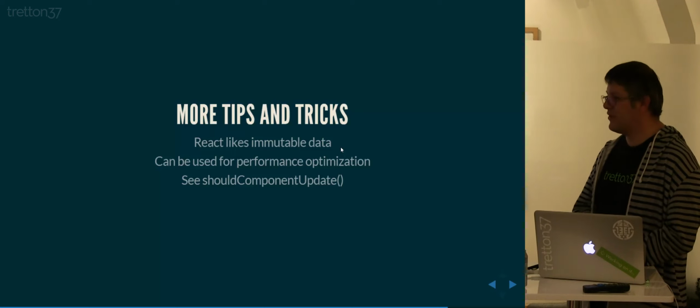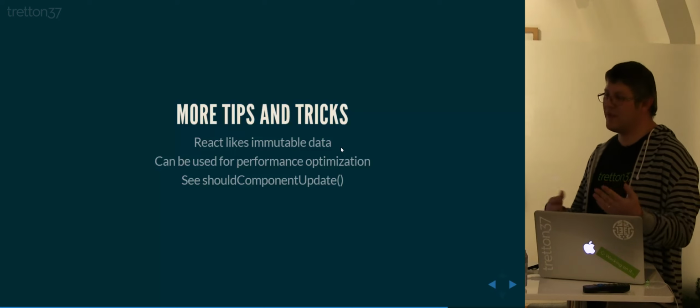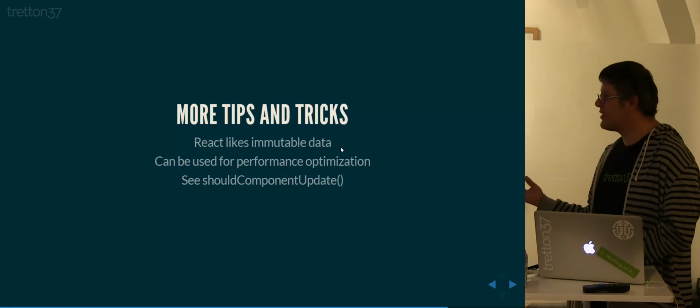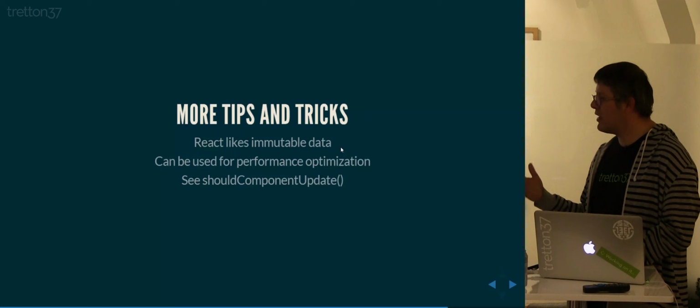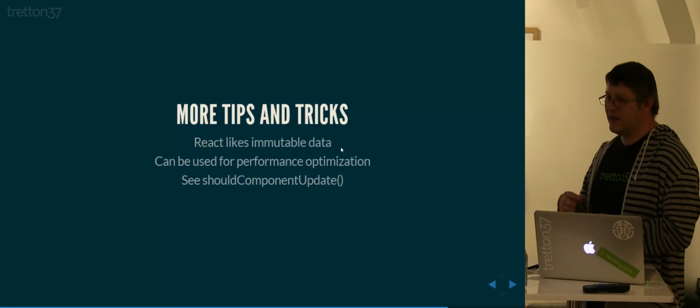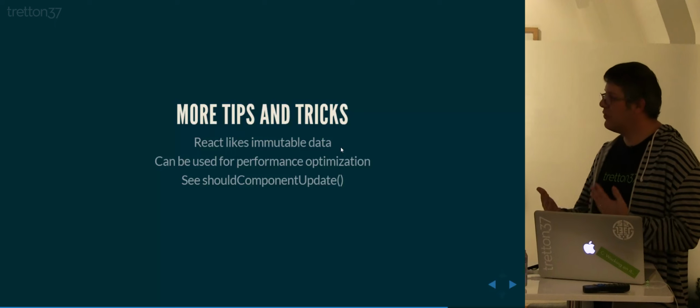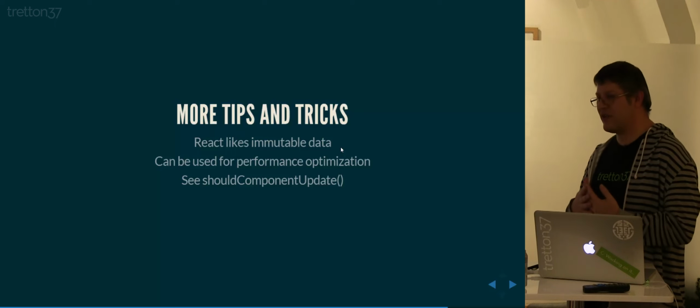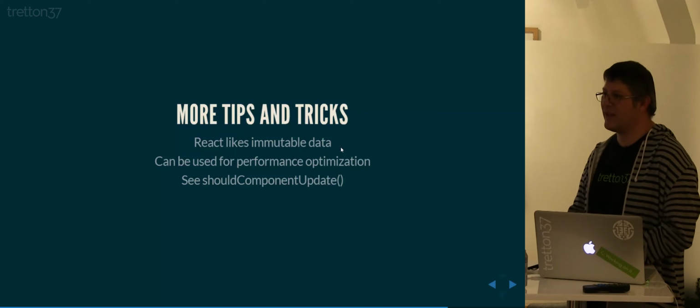But that means it has to compare this 5 and the next time see if it's still 5. For numbers it's very easy, but if you send in larger components, so maybe in our case we have something called reports, then it's much harder to do this comparison. Is this report the same as the last report? And our reports are actually like hashes or objects with multiple levels of information inside them.